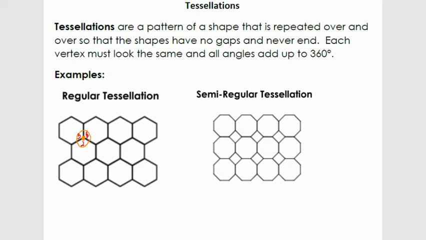Even on this one with the semi-regular tessellation, if you look at those 3 angles, the angles aren't all the same this time. These 2 angles would be the same. That third angle would be much larger, but altogether they would add up to 360 degrees so that they fully fill all the space. Okay, and that's how you can check to see if something will tessellate. When you put the angles together, will it fully fill that 360 degrees?